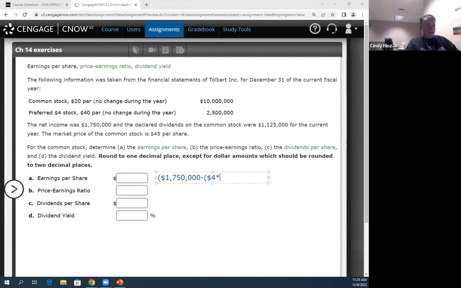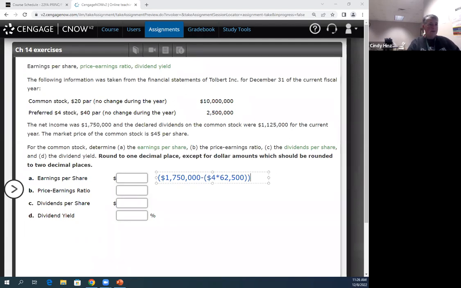It doesn't tell us how many preferred shares are outstanding, so we're going to have to calculate that. $2,500,000 divided by the $40 par value tells us there are 62,500 shares of preferred stock outstanding. Each one of those 62,500 shares was paid a $4 dividend.